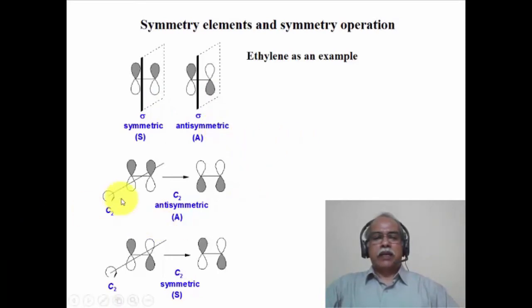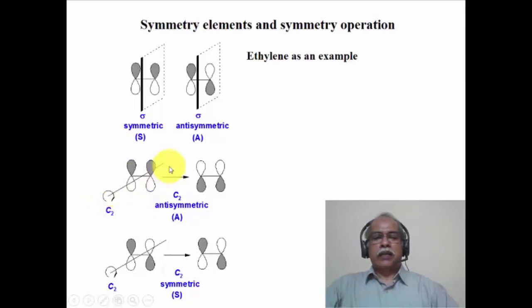What about rotational symmetry? Let us consider a C2 axis of rotation. What is a C2 axis of rotation? It is a 180 degree rotation. Whether it regenerates the original picture or not is what we need to worry about. Here the two shaded lobes are on the top and the two unshaded lobes are on the bottom.